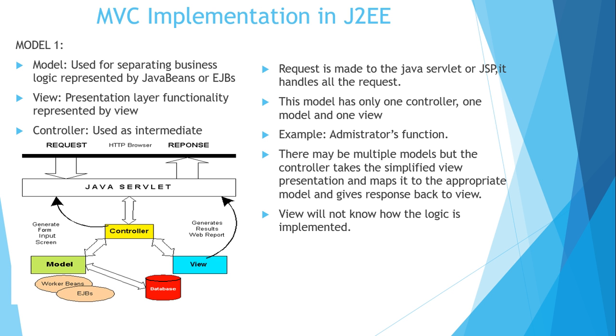In this model it can have one or more controllers, but each controller can have a separate function, and it can have many models. The controller takes the simplified view presentation and maps it to the appropriate model and gives the response to the view. And from the view, the response goes to the servlet, and it gives the response.